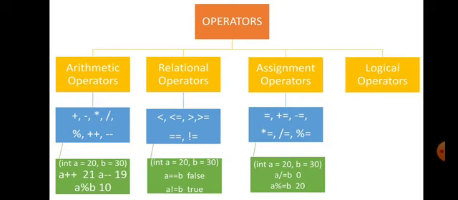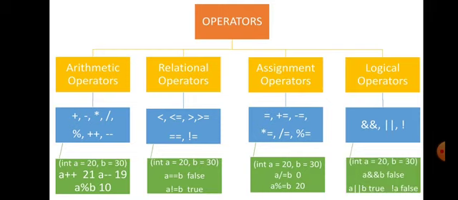Now finally the operator is the logical operator. Logical means either or. Just like in the previous example, I have given you a coin. If you toss a coin, you will get either a tail or a head. Ampersand ampersand, or, and not. Ampersand ampersand is AND, followed by OR, that is two pipe symbols, and finally followed by the NOT operator.